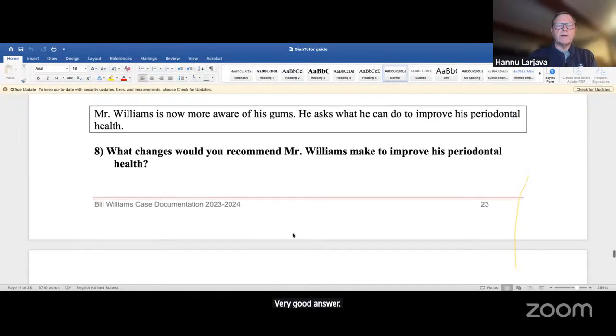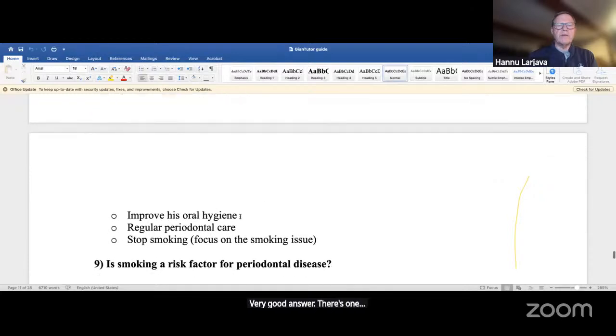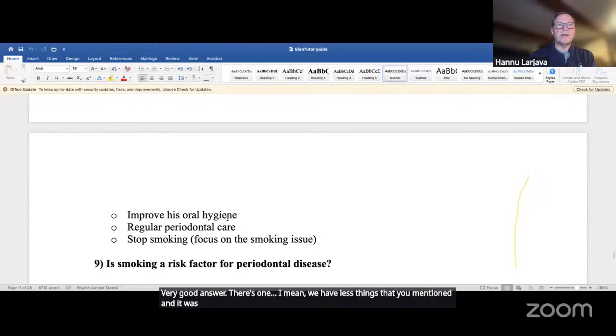We have less things that you mentioned, and everything that you said was good. I did have a comment regarding when Saif was talking about chlorhexidine. Was it yesterday or the day before? I think it was the day before.